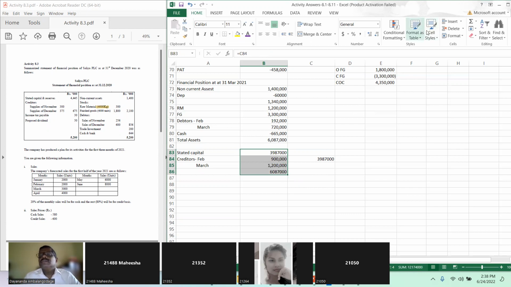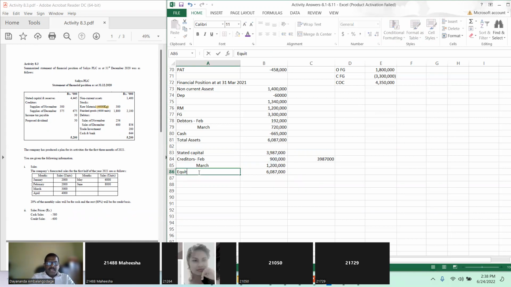Luckily tallied, no? Right, good. So that is our balance sheet. This is your equity and liability.